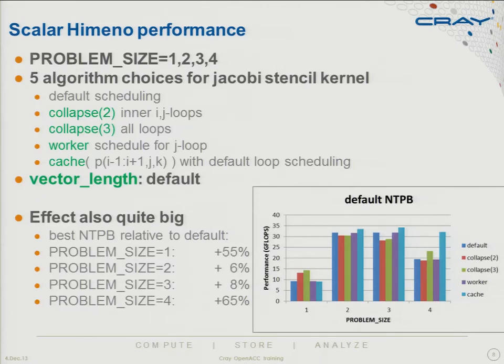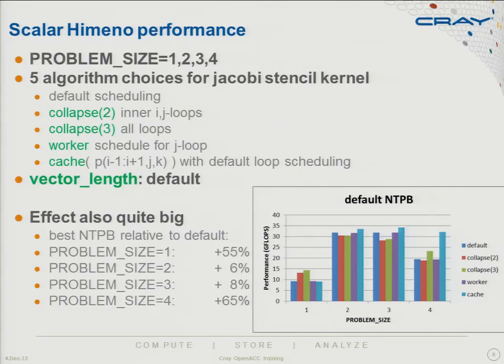The vector length, I just leave it as a default. And what happens? So here's for each problem size, I've got my 5 different algorithms. Again, which is best depends on the problem size. So the blue is the default here. So how does it compare? Well, compared to the default, collapse 3 gives me a 55% performance increase for the smallest problem size.